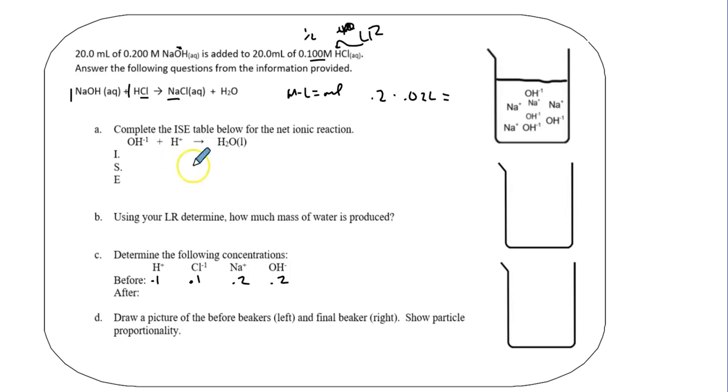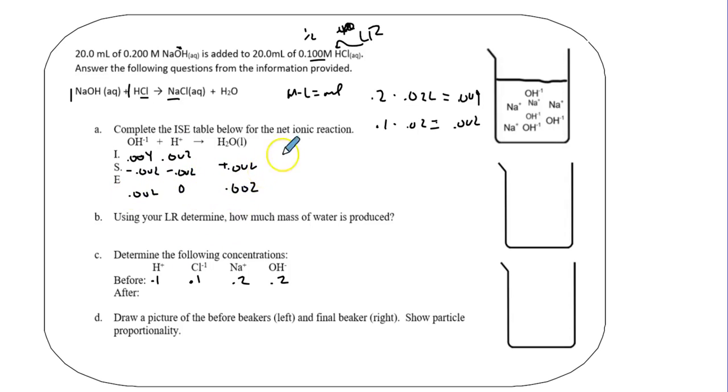So this is going to be 0.004. And you'll notice that because this is half the concentration, it should be half as much. 0.1 times 0.02, and that's going to be 0.002. 0.002 minus 0.002 minus 0.002 plus 0.002. This goes to 0, this goes to 0.002, and of course we have 0.002 here.